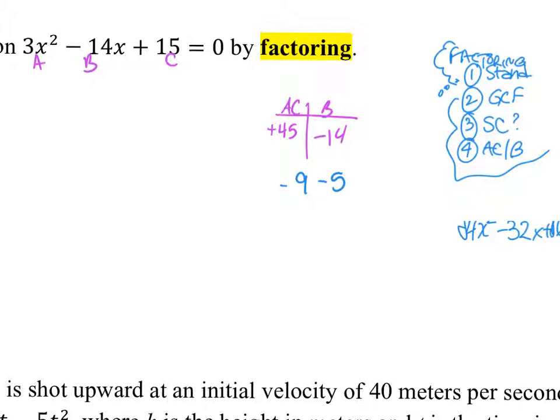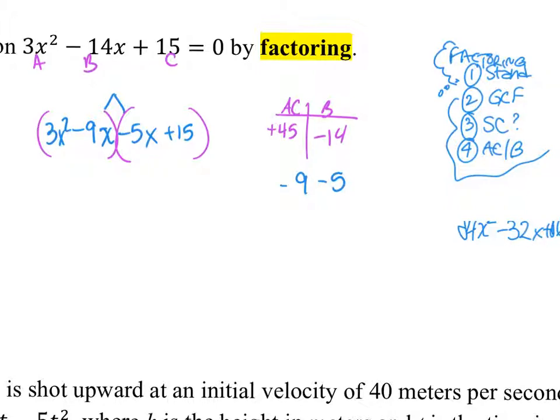So negative 9 and negative 5. Expand out the middle term with the x, so negative 9x minus 5x. Rewrite the plus 15 and the 3x squared. Now we have 4 terms, which means we can group it, and factor.